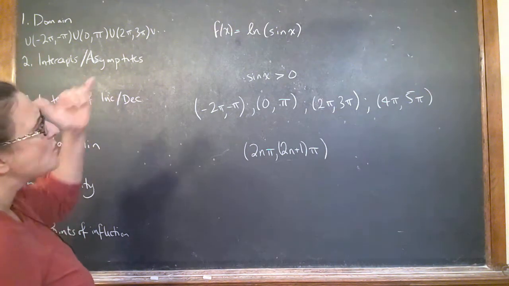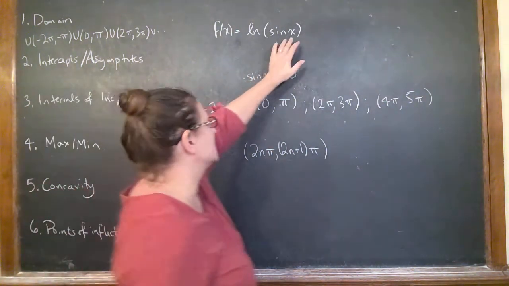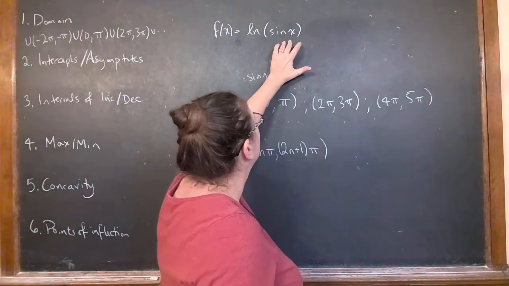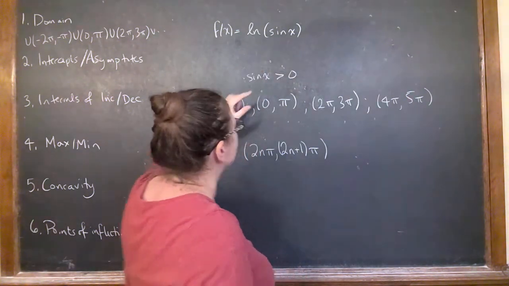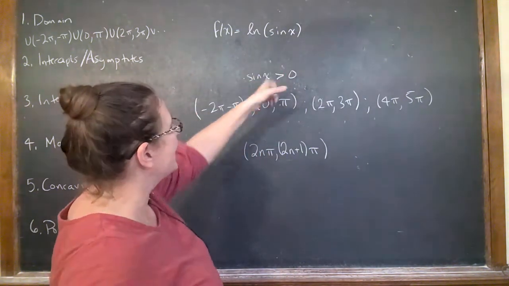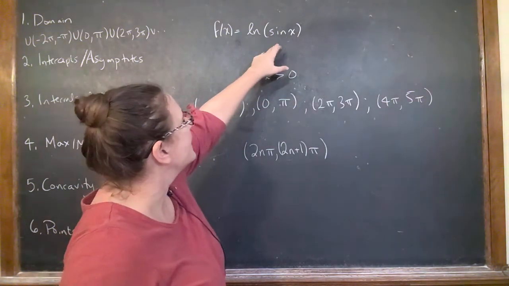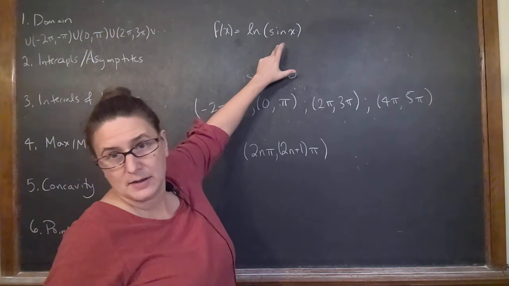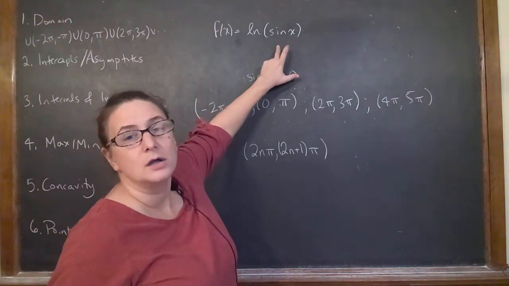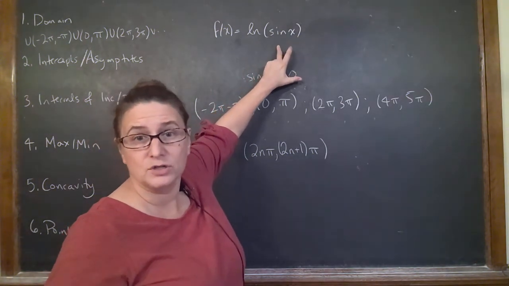Now when sine approaches 0, which is going to happen whenever x approaches any of these endpoints, you're going to have the natural log of something approaching 0.